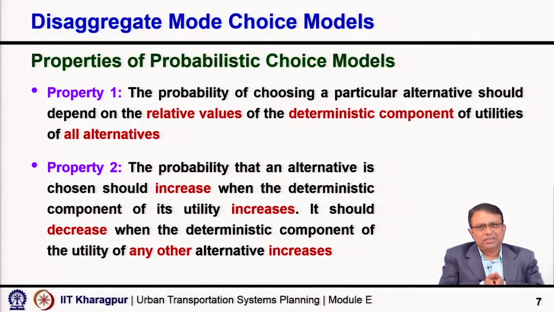If utility of A decreases, probability of choosing A will also decrease. But if the utility of B or C increases, then also the probability of using A will decrease. If B increases, the probability of using B will increase as per the first statement, so obviously the probability of using A will reduce.